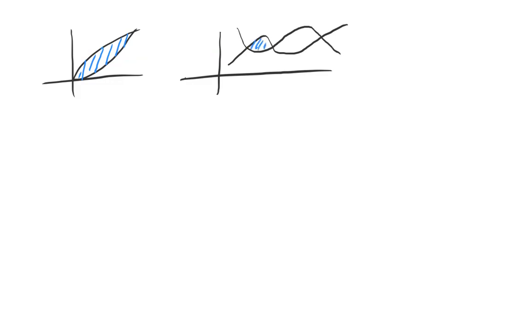But the question becomes, what if I have something that looks like this? So let's say it goes like that, and then g goes like this. And I want to find these two areas.